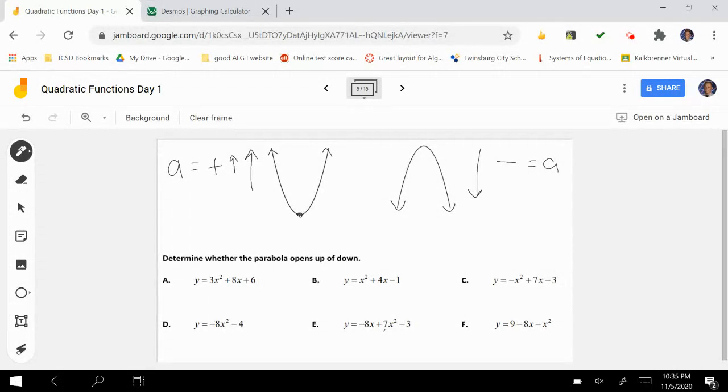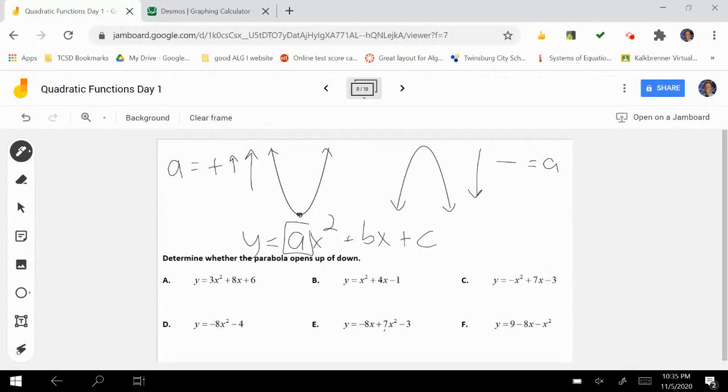So when we put it in standard form, remember, ax squared plus bx plus c, right? We could put our y equals over here. A is going to be the what? What's that word called? Coefficient. Good. It's the coefficient for that quadratic term, that x squared term.